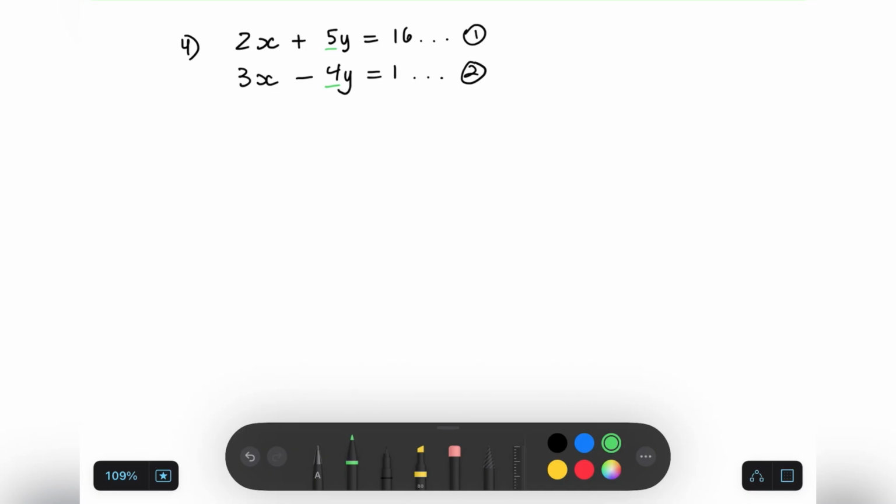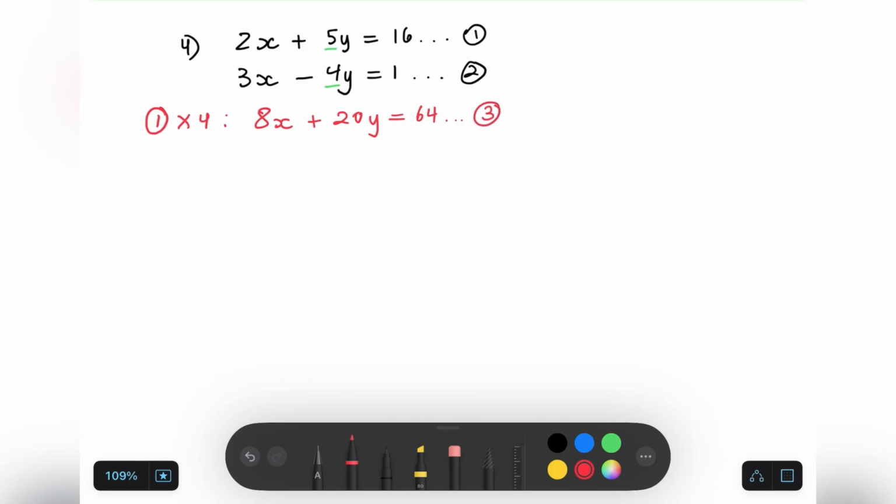So I will multiply equation 1 by 4 since 5 times 4 is 20. All right, so let's do that. Equation 1 times 4, every term times 4, 2x times 4 is 8x. 5y times 4 is 20y. 16 times 4 is 64. So that is equation 3.